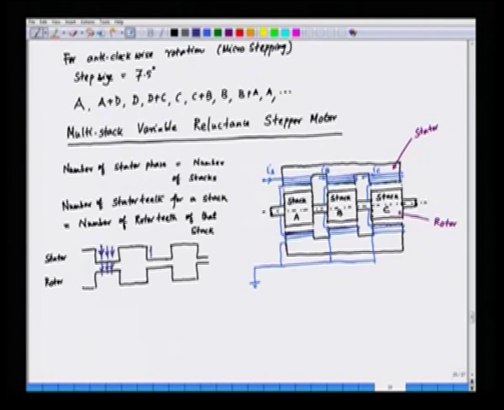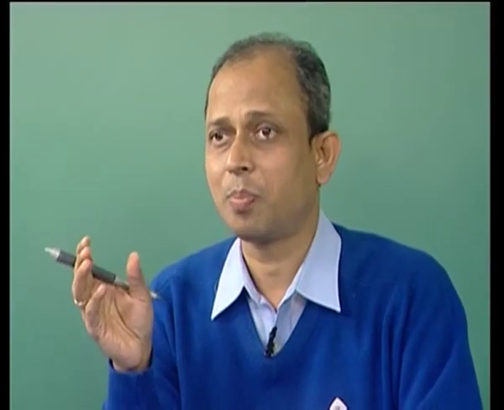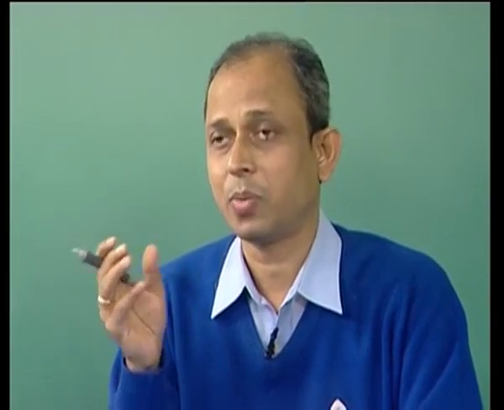Similarly, here also we have the MMFs produced by the stator, and this will be attracting this particular tooth of the rotor, and so on. So, they are aligned, and the subsequent stack rotor is offset from the previous stack by an angle that we will just try to see.